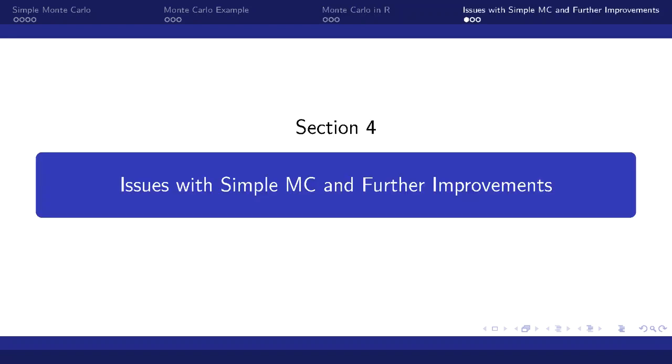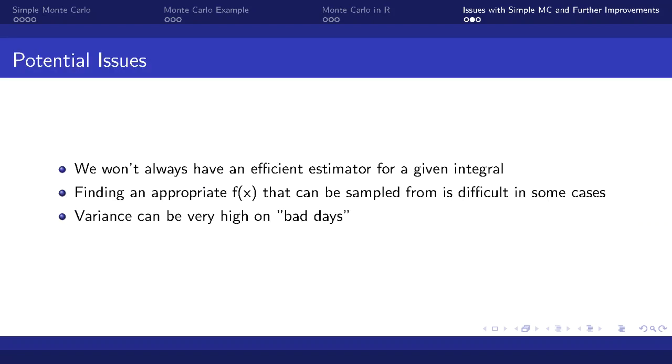Section 4. Issues with the simple Monte Carlo model and further improvements. There are several issues that we may face when utilizing the Monte Carlo method. First, we won't always have an efficient estimator for a given integral, which is especially a problem when using complicated real-world applications of the method.